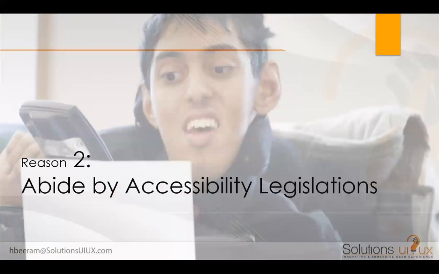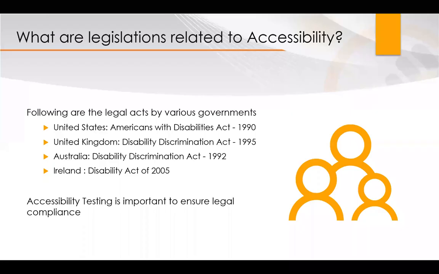Then a reason to abide by the accessibility legislations, right? Making sure that with the conformance guidelines that we have shared today, you are already abiding by Section 508 and all the other laws in other countries as well.